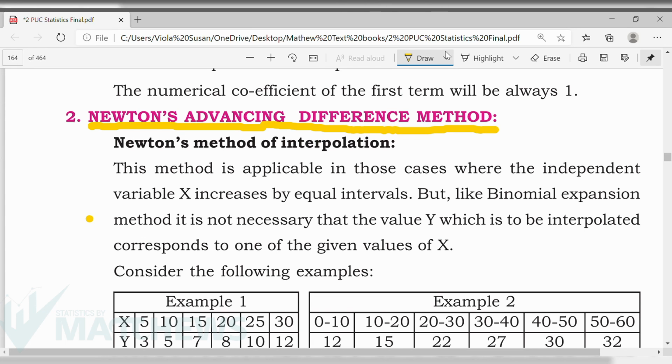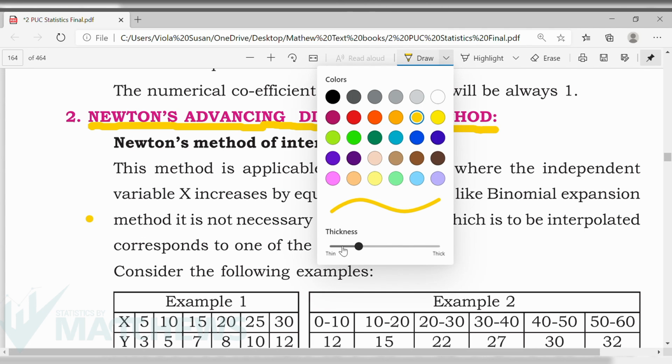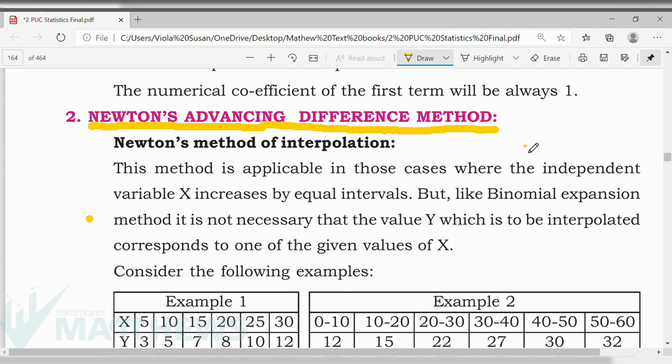Now you understand, students, that this Newton's method is applicable in those cases where the independent variable x increases by equal intervals. That is, it should follow an arithmetic progression. But what is the second condition?